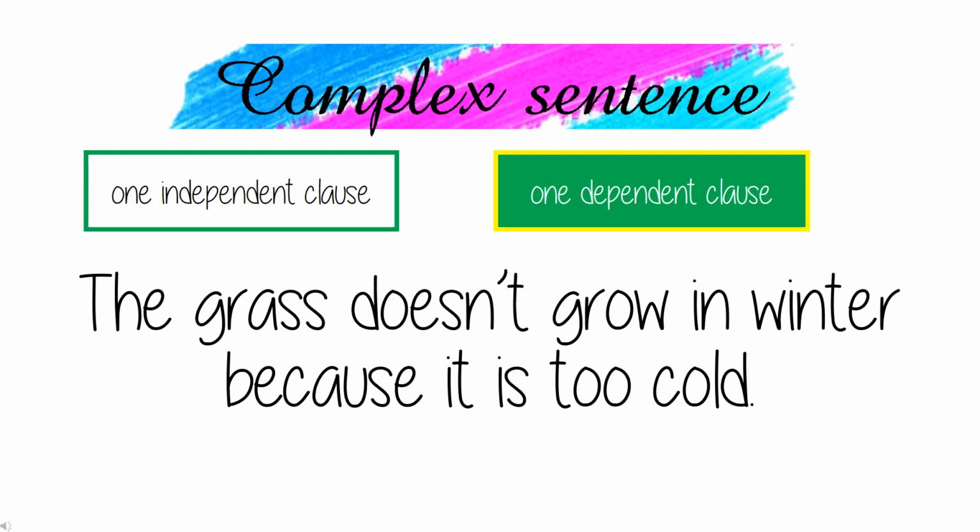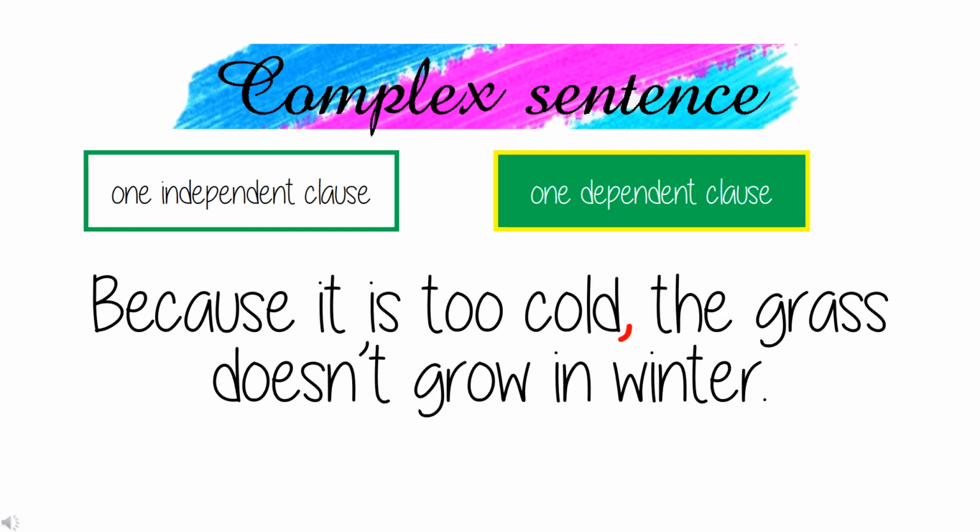"Grass doesn't grow in winter" has a subject and a verb, just like our simple sentence up here, but the dependent clause starts with a connector, "because," and when we have this connector, this cannot be a sentence by itself. I cannot say, "Because it is too cold." That's not a complete sentence.